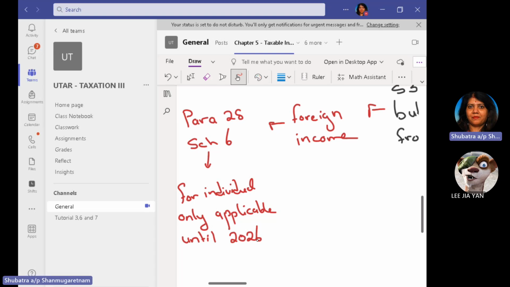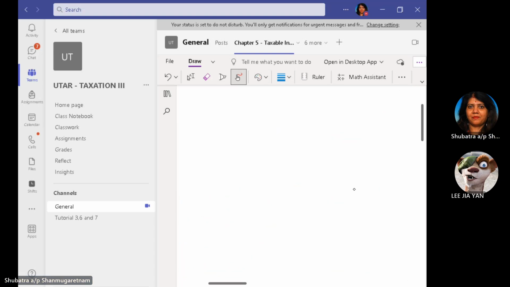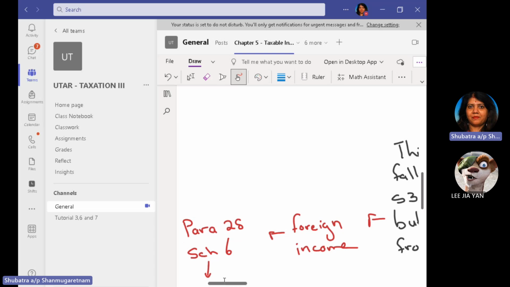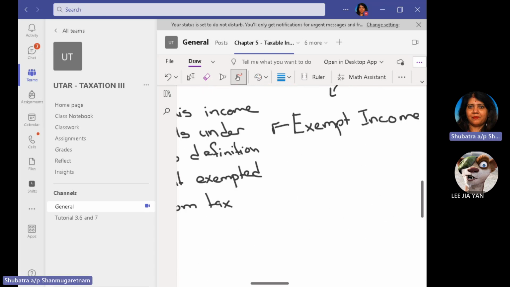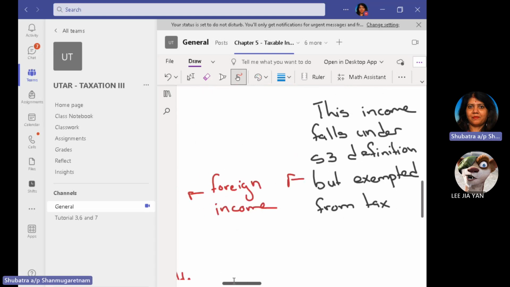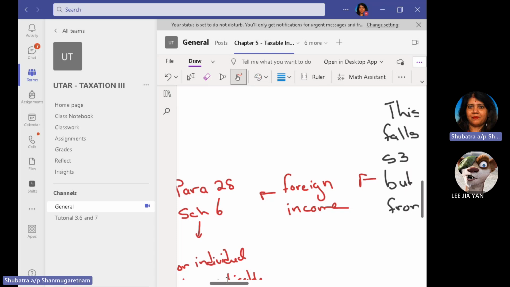After 2026, Para 28 Schedule 6 is not going to be applicable, which means that you get income outside Malaysia, remit it back to Malaysia, you are going to be subjected to tax under Section 3. This is what I mean, exempt income. If I take off the exemption, you get tax. All right? So it's a taxable income, exempted.